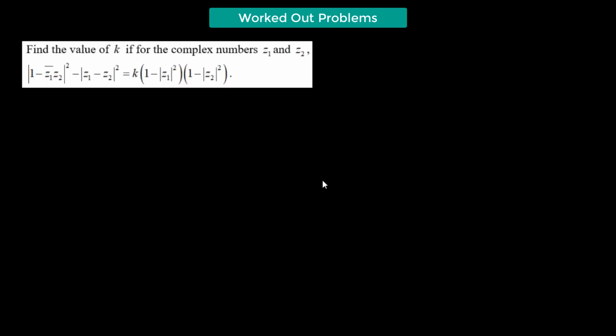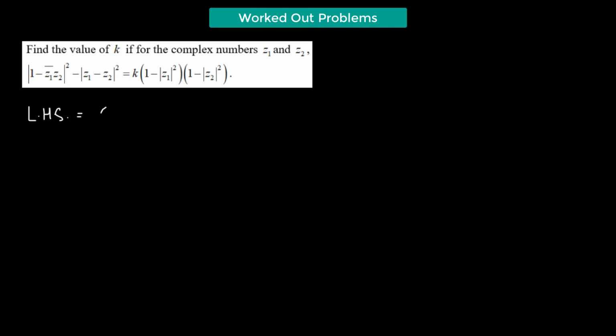So in this question we have to determine the value of k using the given complex equation. So let us begin from the left hand side. We're going to work with the left hand side. So we have the absolute value of 1 minus z1 bar times z2 squared.